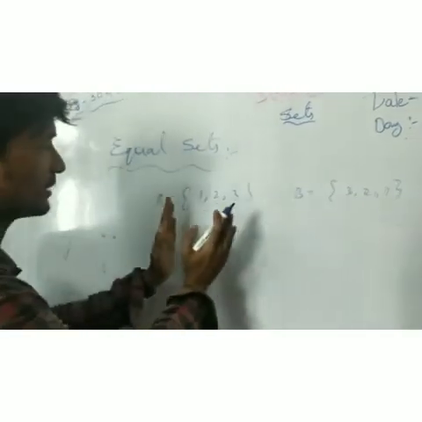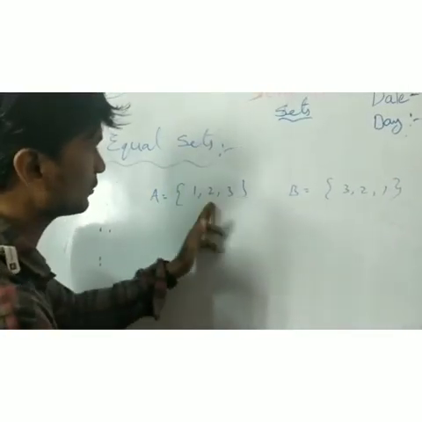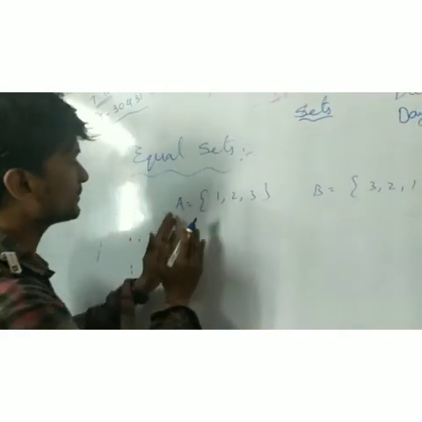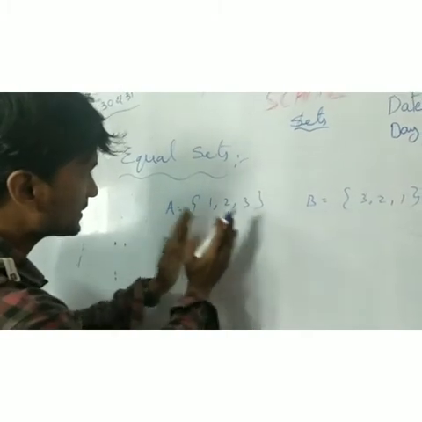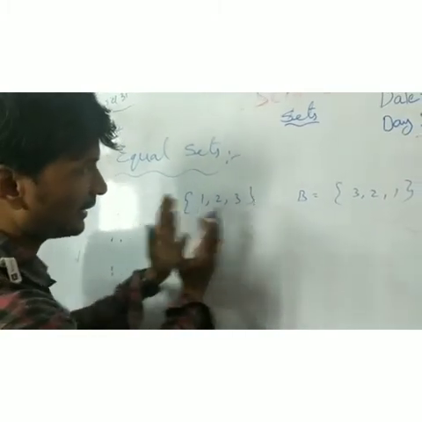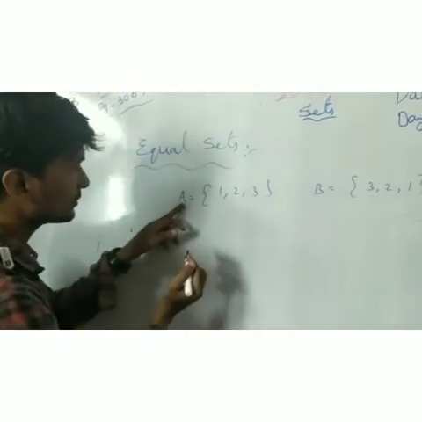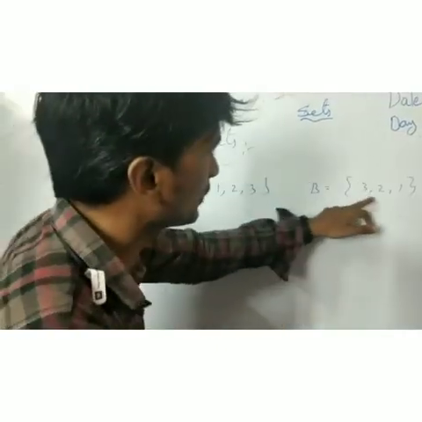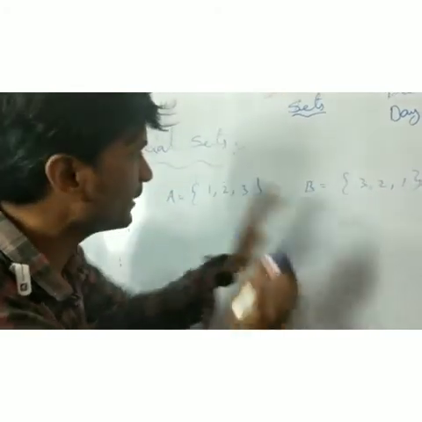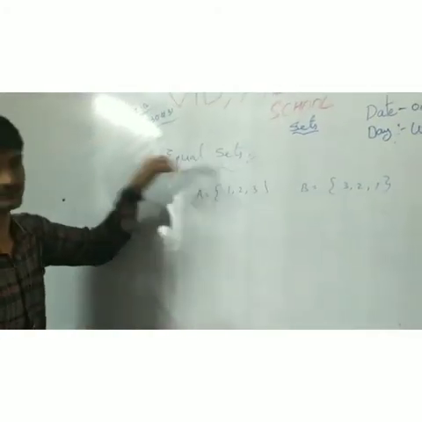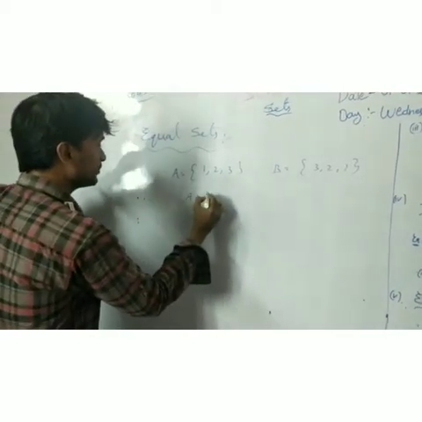So countable numbers are there, and another thing we have to check: 1, 2, 3, here also 1, 2, 3 elements are there. So equal sets means we check which elements set A has, which elements set B contains, whether both are the same or not. So A equal to {1, 2, 3}, B equal to {1, 2, 3}. Same elements will be. So such sets are called equal sets. So A equal to B, like that.